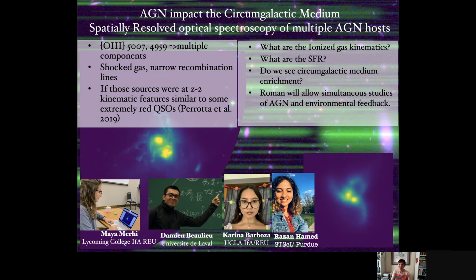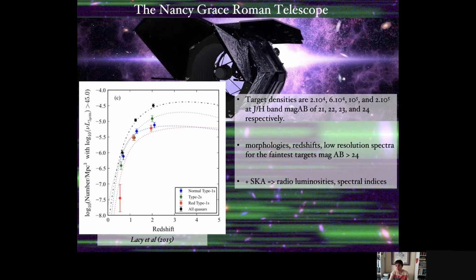We followed some of those nearby luminous infrared galaxies with spatially resolved spectroscopy and found 30 to 40 kiloparsec range structures of ionized gas moving at speeds showing evidence that they were able to throw out such material from the galaxies, and therefore enriching the circumgalactic medium. So with Roman, we can answer all those questions at once.